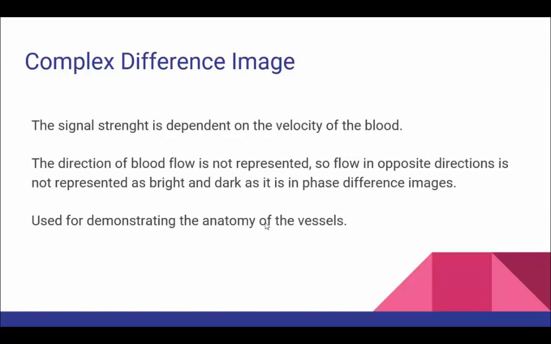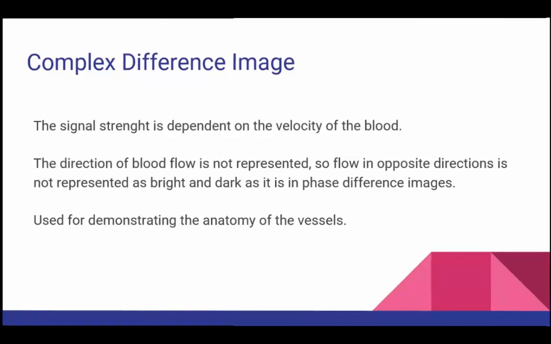Furthermore, the direction of blood flow is not represented, so flow in the opposite direction is not represented as bright and dark as it is in a phase difference image. Therefore, complex difference images are not used to determine quantitative information regarding blood velocity or volume flow rate, but are used for demonstrating the anatomy of the vessel.